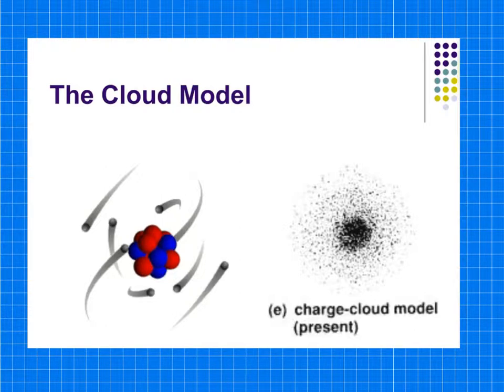We can see from this diagram of the cloud model that towards the center, in this region here, there's a higher density of electrons, which means there's more probability that an electron will be towards the ground state than out here in the outermost shells, meaning they have a lower probability of being in an excited state and more probability of being in a ground state.